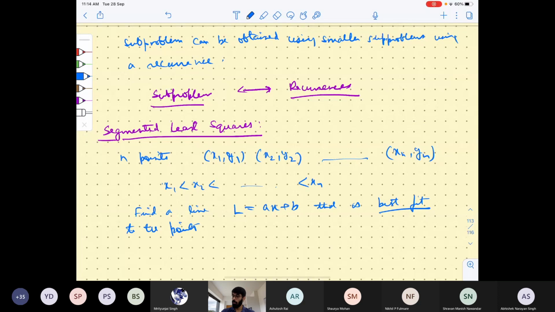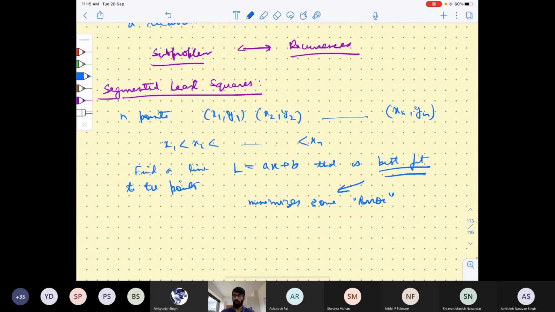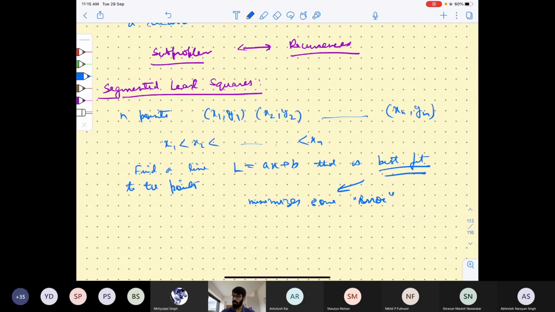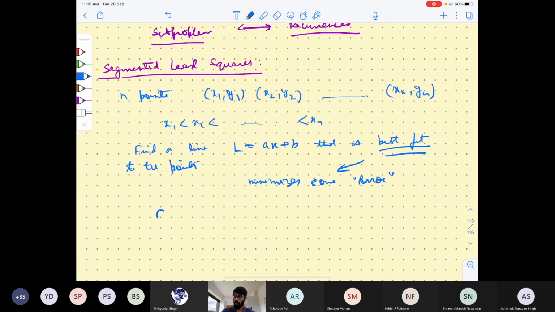And how do we define this best fit? It minimizes some error. And how is the error defined? Squared distances, sort of.